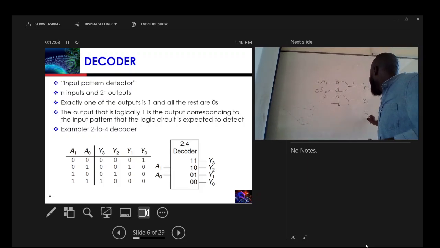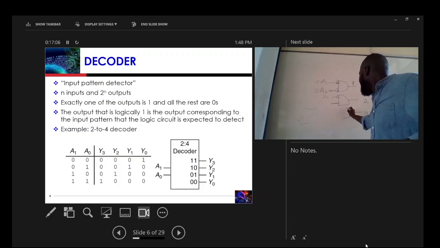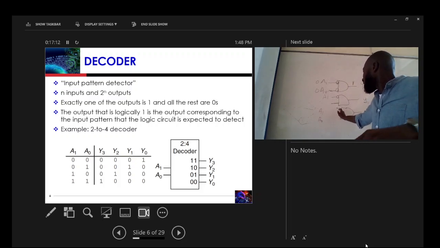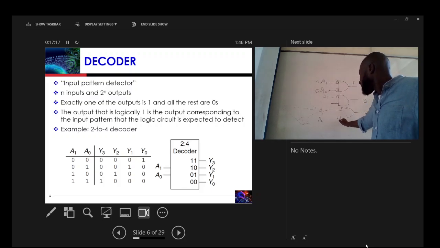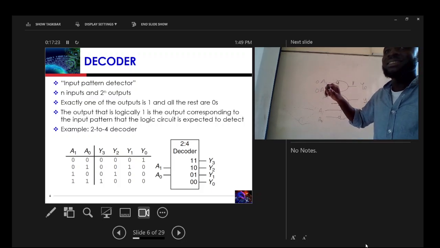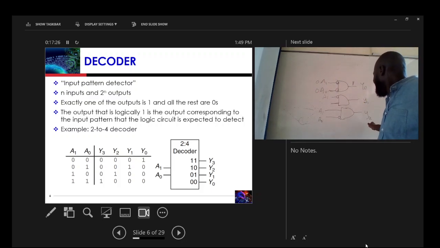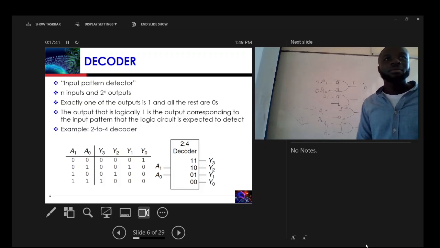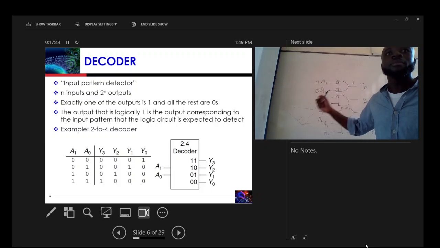Then Y2, the same AND gate. We have A1, A0. A1 is 1, so there's no inverter. For Y3, the same AND gate, but here there is no inverter because 1 makes it on. So this is just a simple circuit.